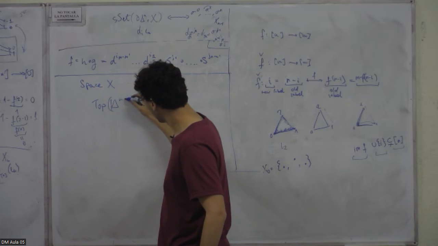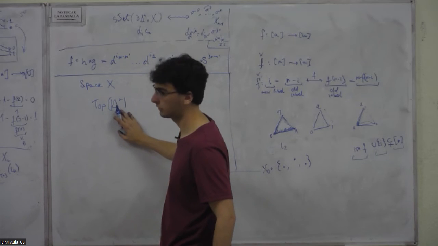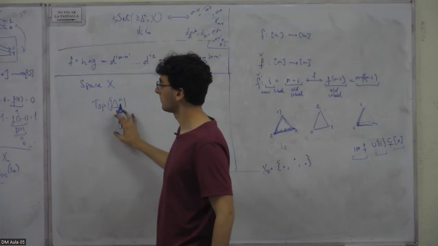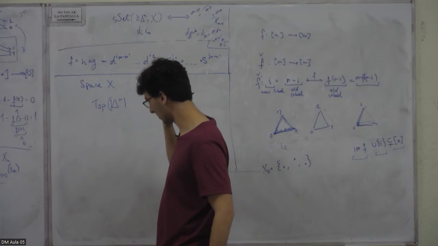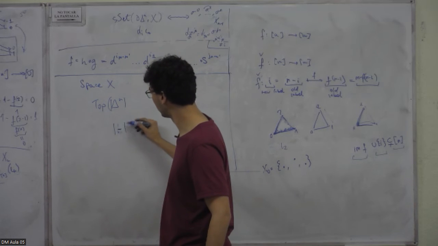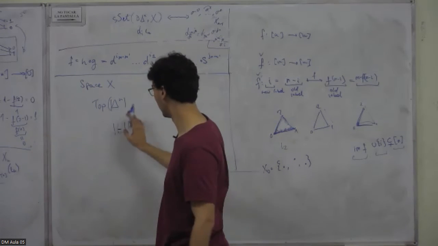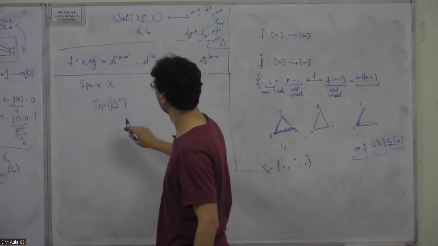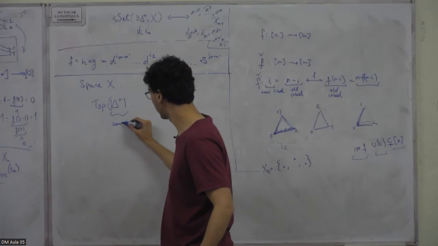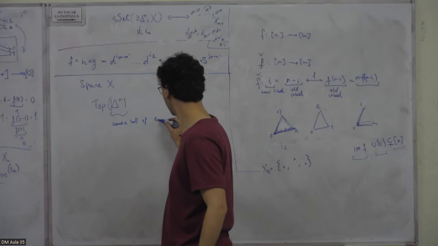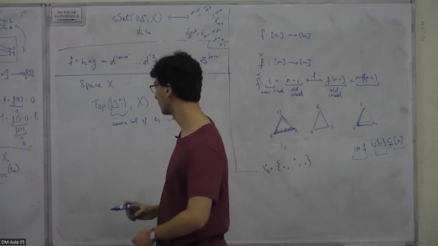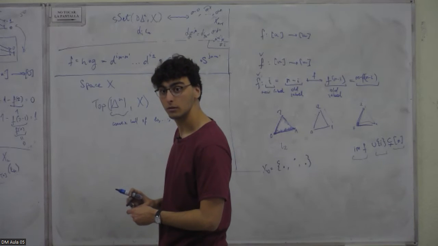Okay, I'll define this as the standard n simplex. It's just a symbol. It's suggestive, but you shouldn't think of applying some functor to the other simplex for the moment. It's just a thing on its own, and it's the convex hull of e0 to en, and basically for each n it is the convex hull.